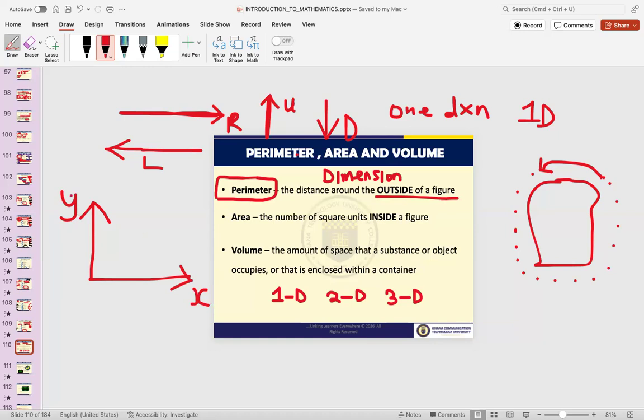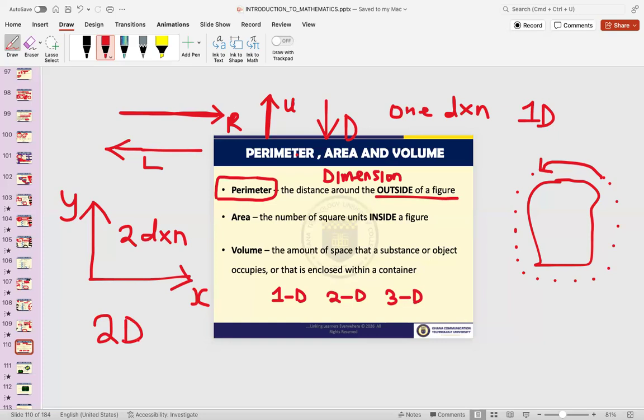We have y-axis, we have x-axis. Whilst x-axis is moving horizontal, y-axis is moving vertical. In that case, we have 2 directions, the horizontal direction and the vertical direction. And this is what we call the 2D, the 2-dimensional.